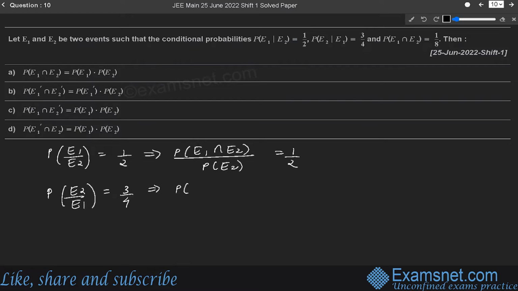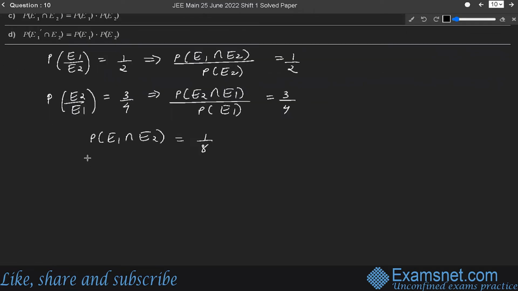It means that P(E2 intersection E1) divided by P(E1) is equal to 3 by 4. Also, it is given that P(E1 intersection E2) is equal to 1 by 8. Therefore, P(E2) will be equal to 1 by 4 and P(E1) will be equal to 1 by 6.